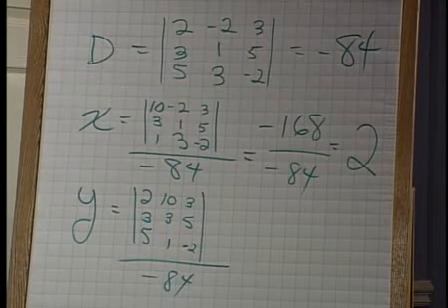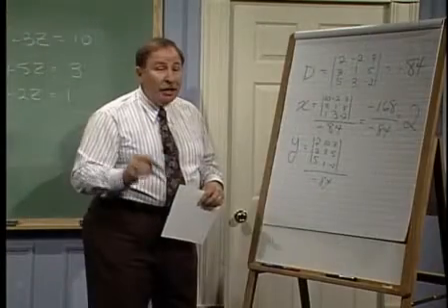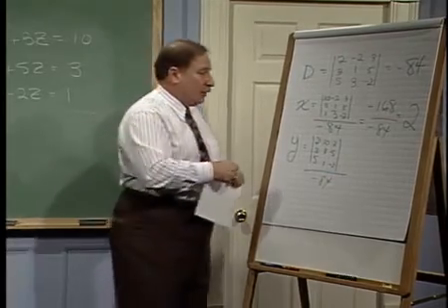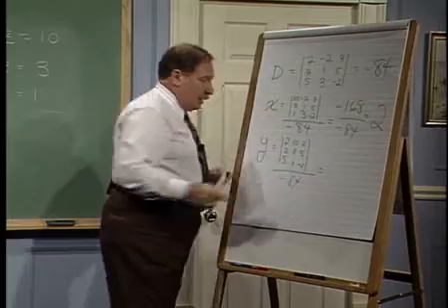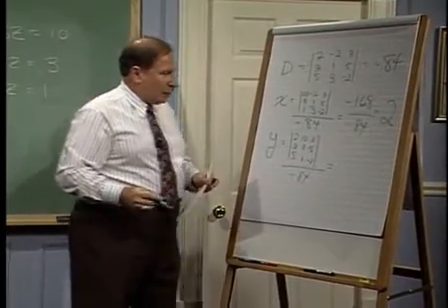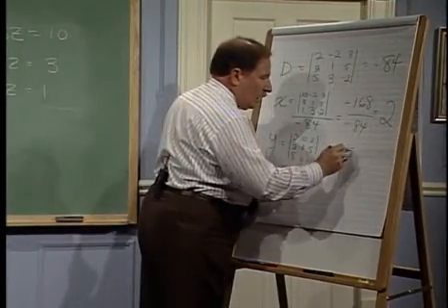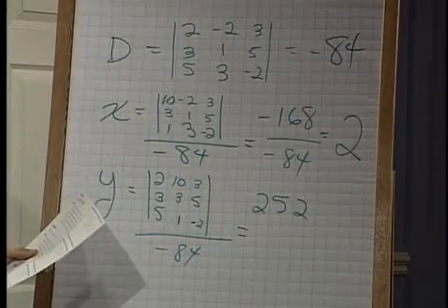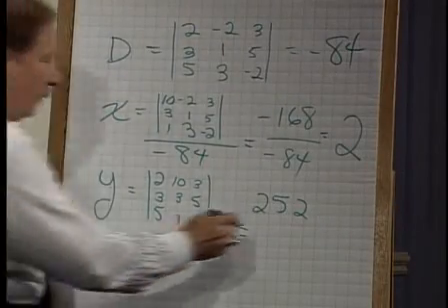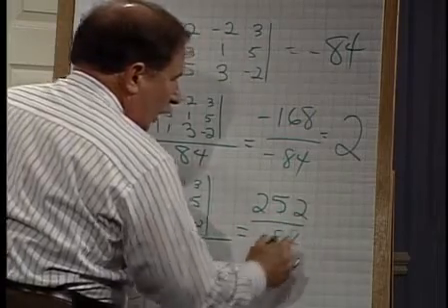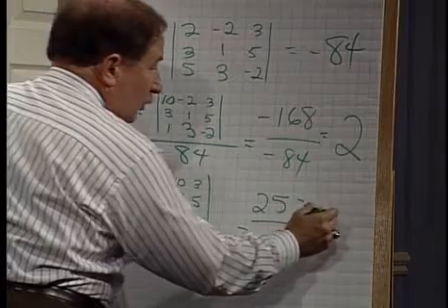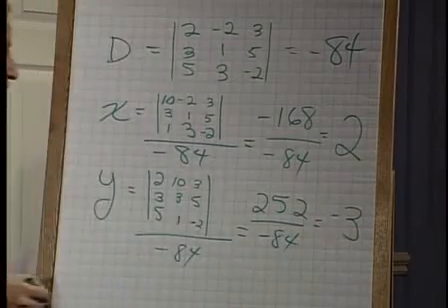Again, go ahead and turn off the machine, figure it out, and come on back when you got it. You got it? Good. I got it too. I got 252 for my determinant for that matrix, and we divide that by negative 84, and nicely enough, 84 goes into that 3 times, so y equals negative 3.